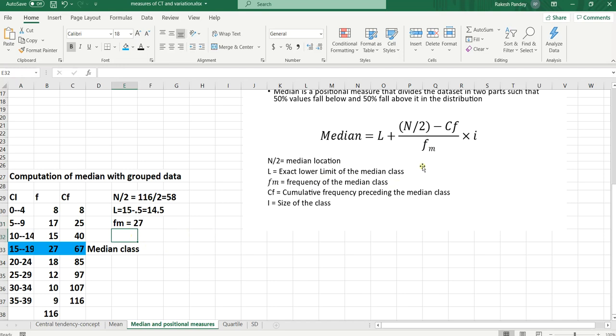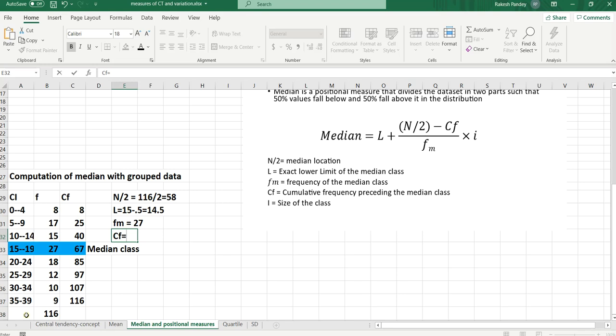Now CF, that is the cumulative frequency, is the cumulative frequency preceding the median class. And when I say preceding, I mean the class which is lower than this. So 15 to 19 is the median class and 10 to 14 is a lower range of the data set.